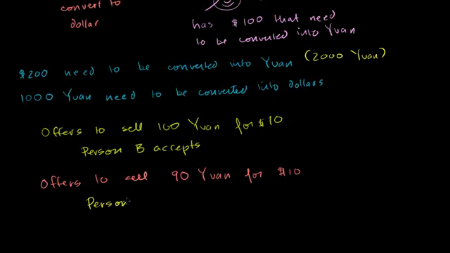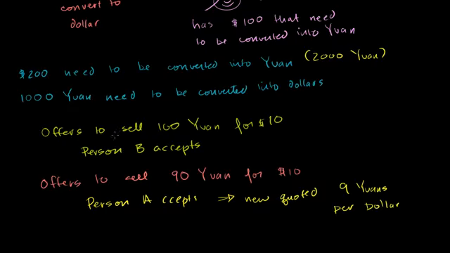So person A accepts. All of a sudden, we have a new quoted exchange rate. The transaction happens at 9 won per dollar. Now what's happening?